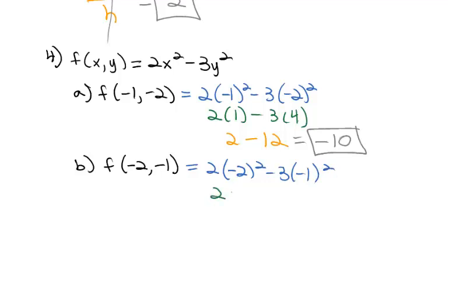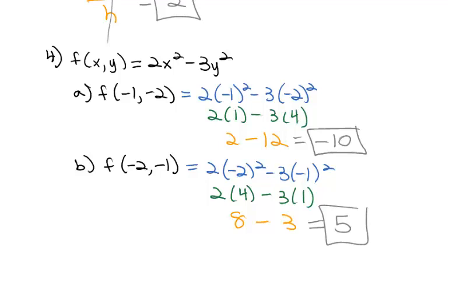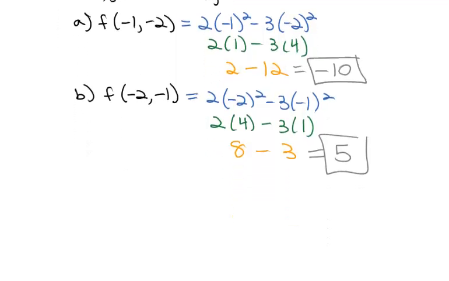Again, doing the exponents first, we have 2 times 4, minus 3 times 1, and 2 times 4 is 8, 3 times 1 is 3, and 8 minus 3 is a positive 5. So it's going to make a big difference what order we see things in.